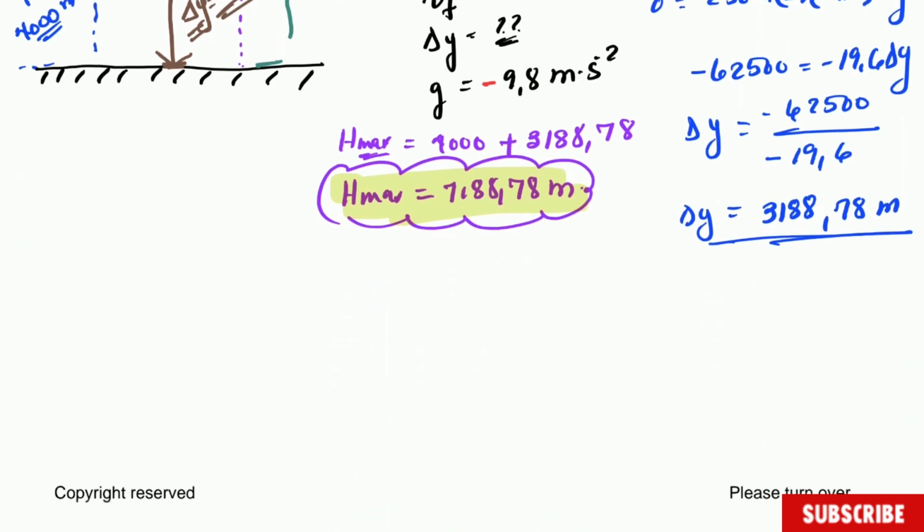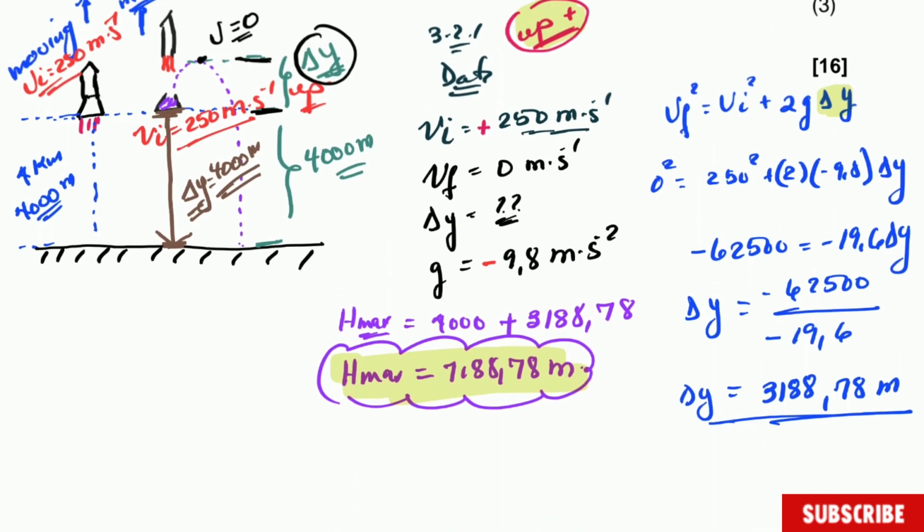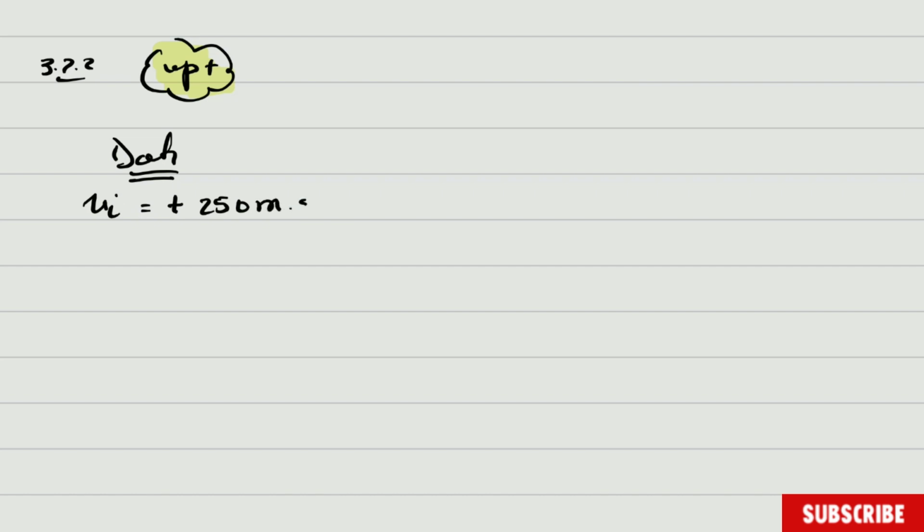All right, so we are going to be solving this question on a new page. This is question 3.2.2, and the data we have for this question is, first of all, we are going to select up as positive again. We're going to keep doing up as positive, but you can change the direction, it's not a problem. So what do we have? The initial velocity is equal to positive 250 meters per second.